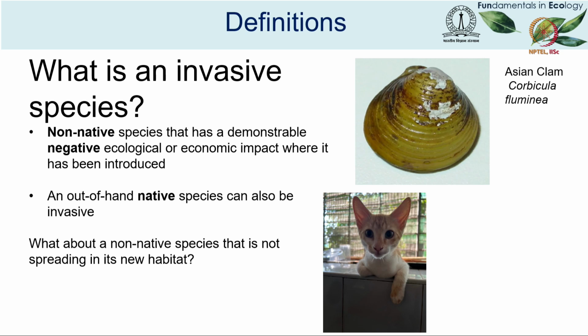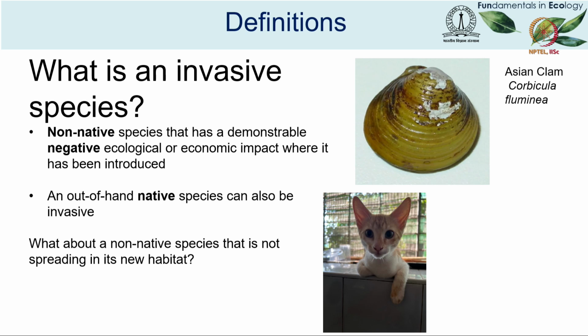And you may ask, what about all the non-native species that are introduced to a new place, but they haven't been spreading in the new habitat? Do we call those invasive species? It depends on your definition of an invasive species. Some people might say that any non-native species in a different habitat is invasive, but I think it's more precise and useful to think of invasive species only as those that get to a new habitat and they spread and impact the ecosystems in the new place.